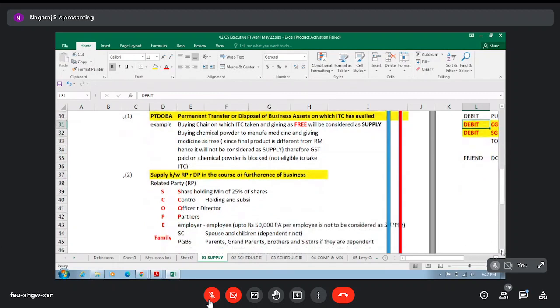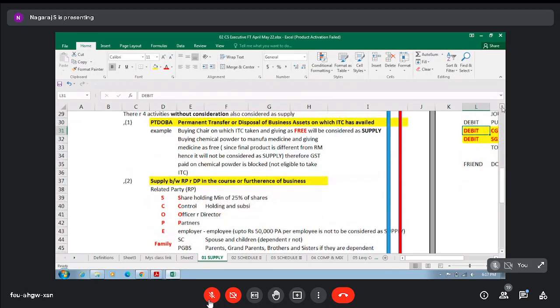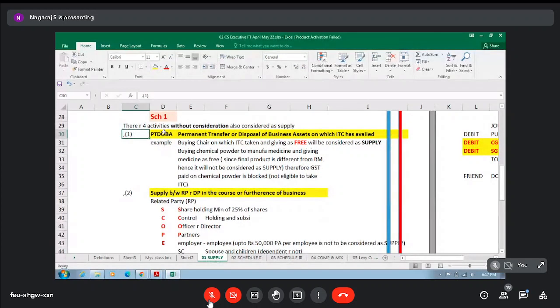The second one, in Schedule 1, we have seen the first one. Okay, second one, supply between a related party or distinct person in the course or furtherance of business.